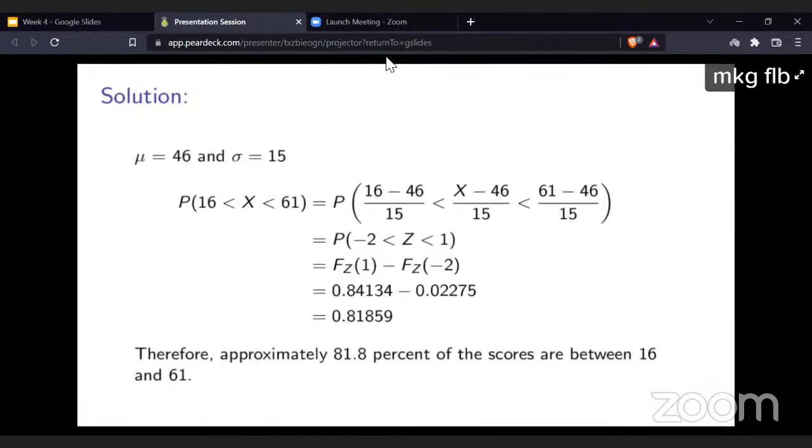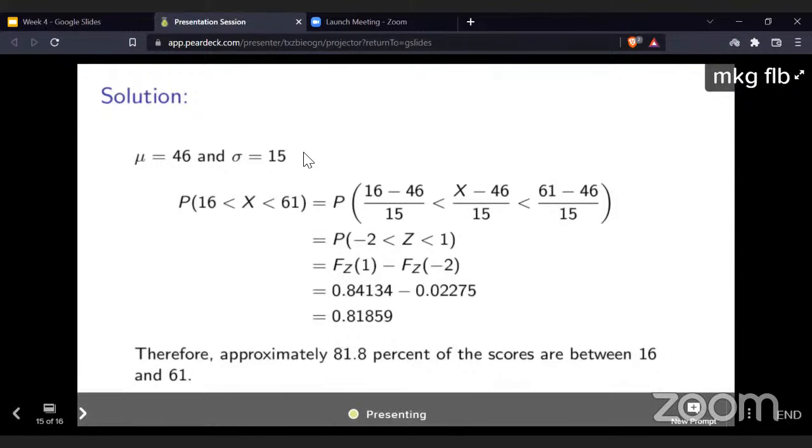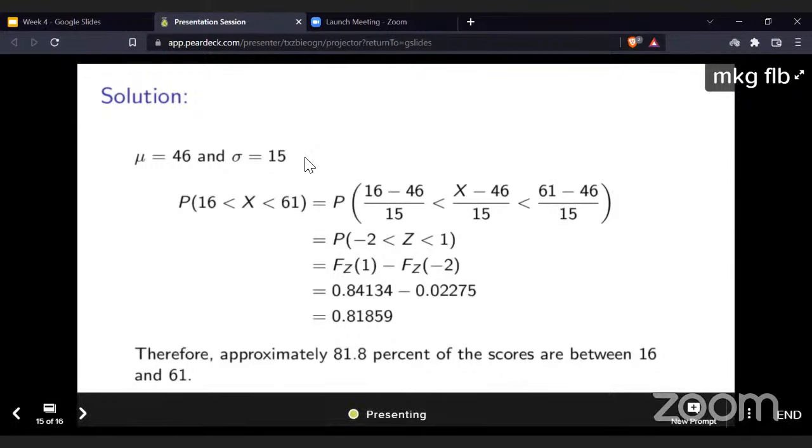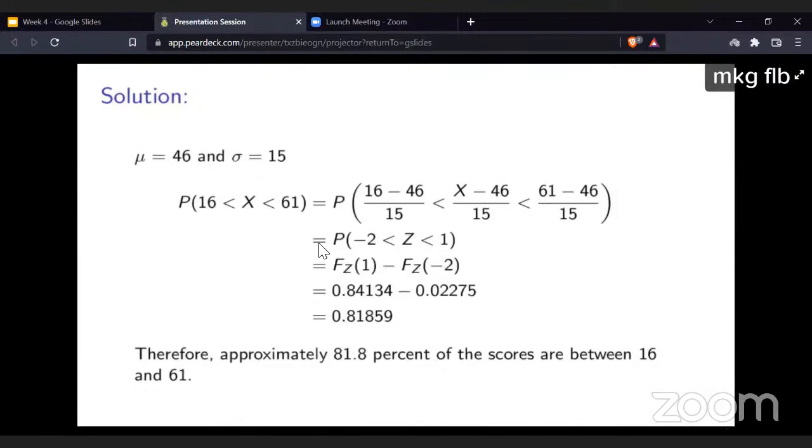If it was a PDF instead of a CDF, we would have to do that integration, but the integration is very complicated. So we already have a table where you can get the CDF values for the standard normal random variable. That is why we convert it to Z.